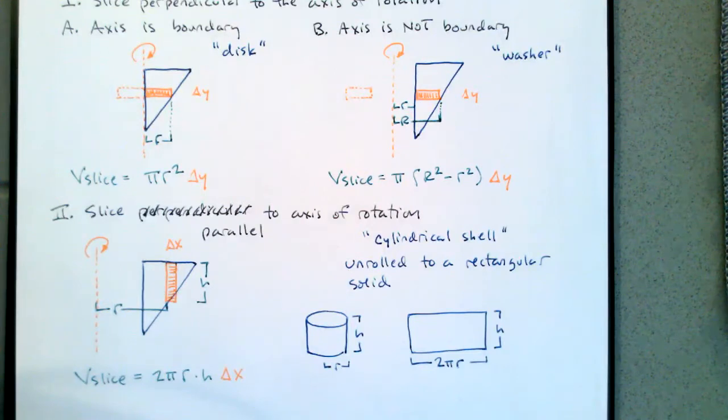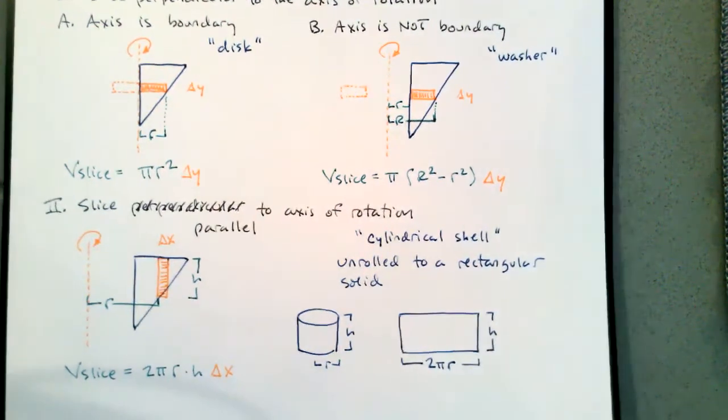R is already going to be in terms of x, but h is vertical, and so that's going to have to be written in terms of x. So let's do some more examples. Today I'm going to pick an example where it will be difficult to use one style of slicing, so definitely one is going to be better.